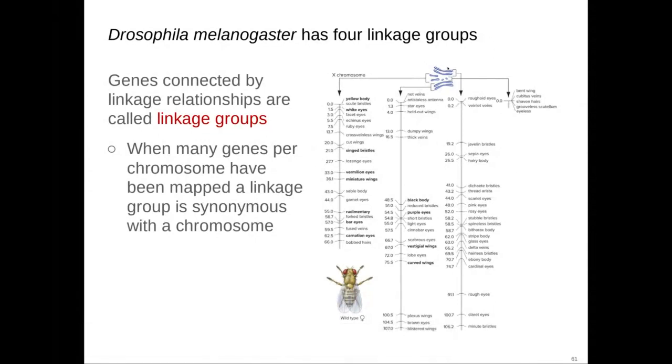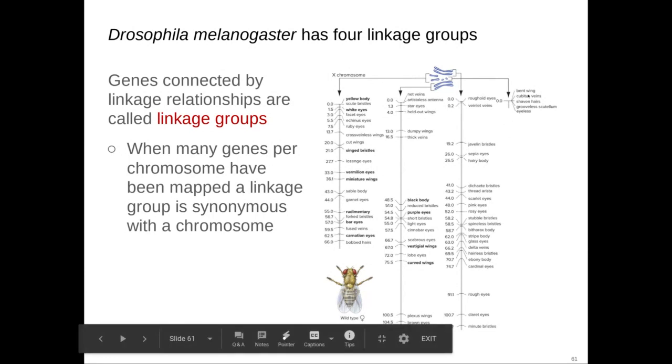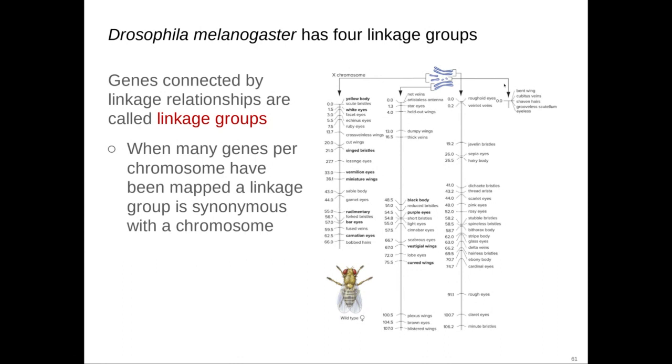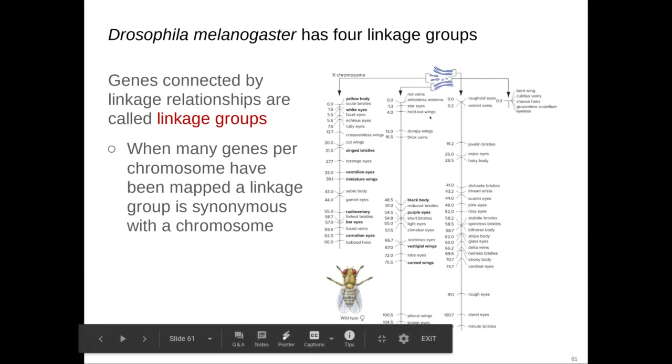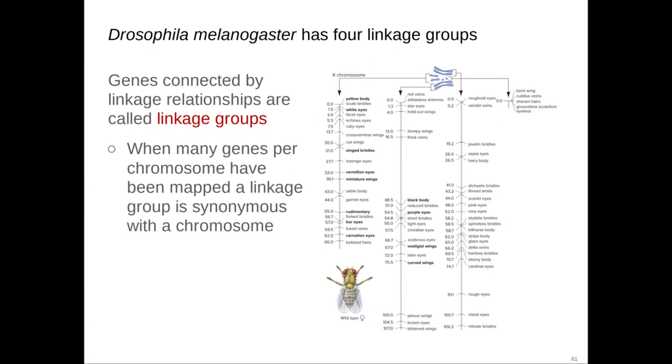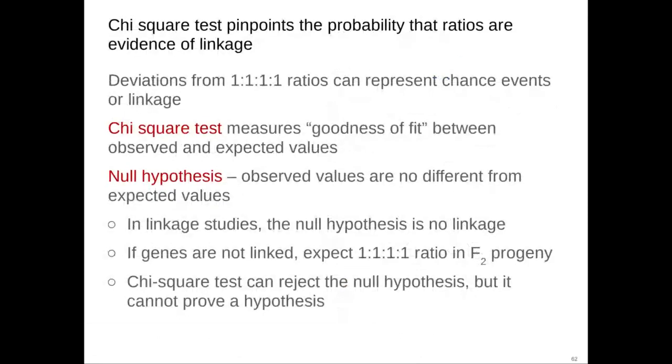Drosophila only has 4 chromosomes, just as a note, but we have the X chromosome, chromosome 1, chromosome 2, and then another chromosome, forget its name. Now we can look at chromosome X, and you can have all these genetic distances that, again, are related to recombination frequencies, and different traits are linked based upon where they are on these chromosomes. So these are what we call linkage groups because they're found together. They've been mapped, so they're synonymous with this chromosome. That's all.